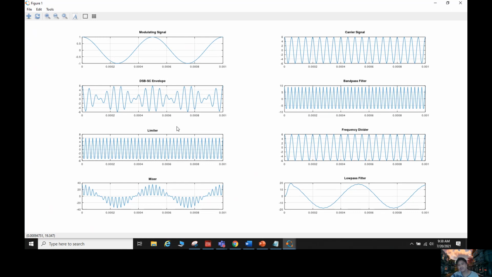Just like what I said earlier, we have here four by two figures, so we have eight plots. These are the modulating signal, carrier signal, DSB-SC envelope, bandpass filter, limiter, frequency divider, mixer, and low pass filter.